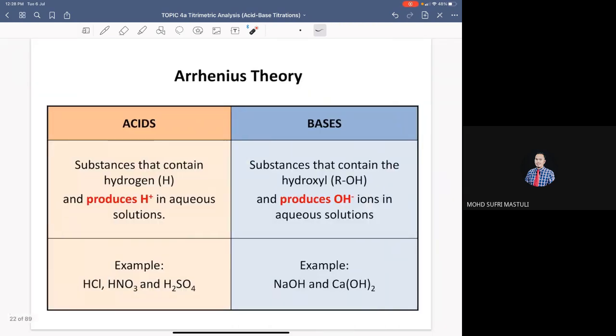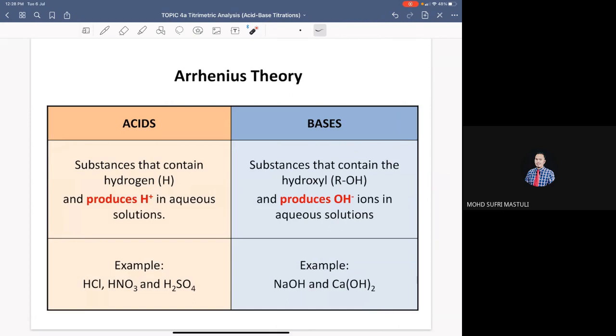So what is the Arrhenius theory? For Arrhenius, any acid is a substance that contains hydrogen atoms and can produce hydrogen ions in aqueous solution.